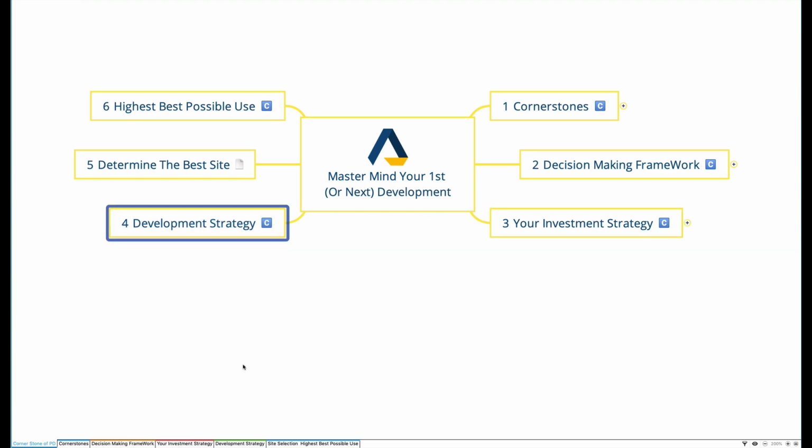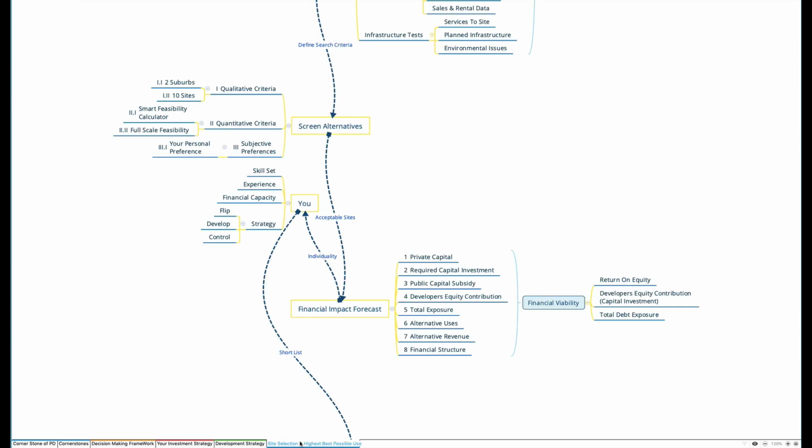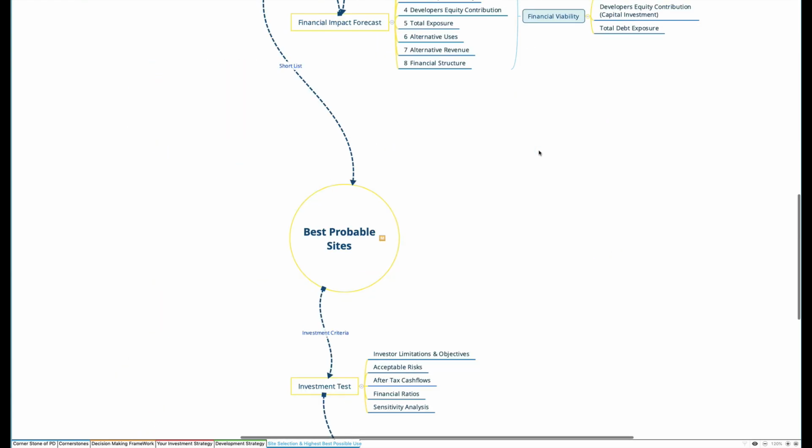Your development strategy, which all these things will then flow into. There are 6 strategies that I discussed, which are the only 6 strategies that you need to understand in order to make a profit from any property, so to speak. And then your highest best possible use framework.